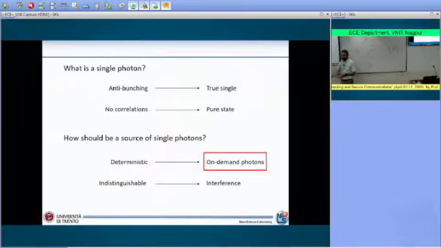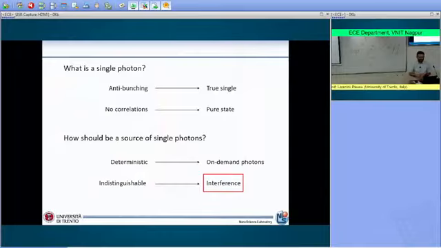We know when the photon is emitted. The second characteristic is that the photons generated by this photon source should be indistinguishable. I should not be able to distinguish the first photon emitted by the source from the second photon emitted by the source. The reason why we want these properties is because we want to be able to do quantum interference measurements.